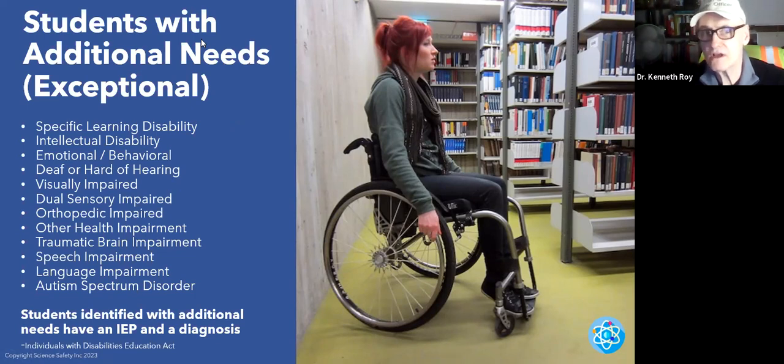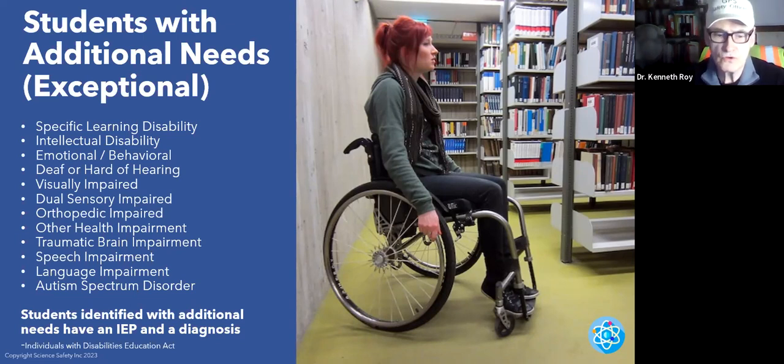What we're going to focus on tonight, as James has said, is students with additional needs, exceptional. In other words, specific learning disability, intellectual disability, emotional behavioral, deaf or hard of hearing, visually impaired, orthopedic impairment. I mean, on and on it goes. And it seems, at least anecdotally, that these types of additional needs are increasing.